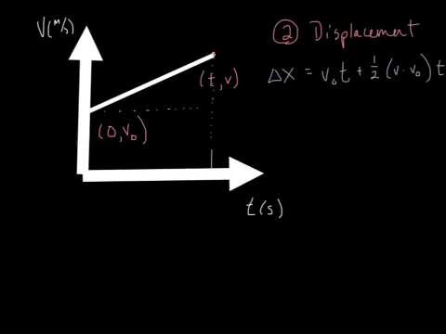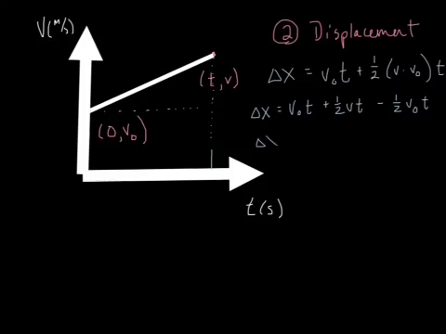Then we can simplify that equation a little bit by doing a little algebra. So delta x is going to equal v0 t plus 1/2 vt minus 1/2 v0 t.